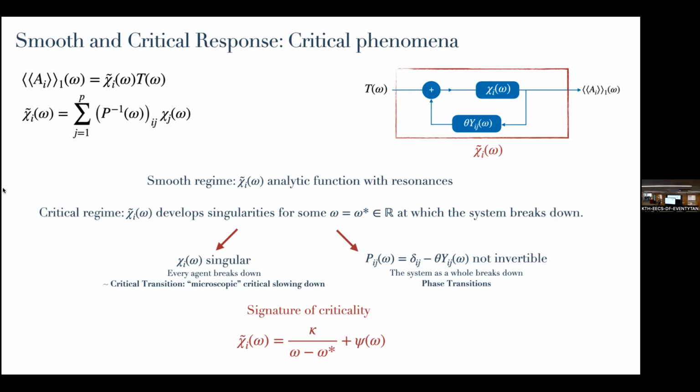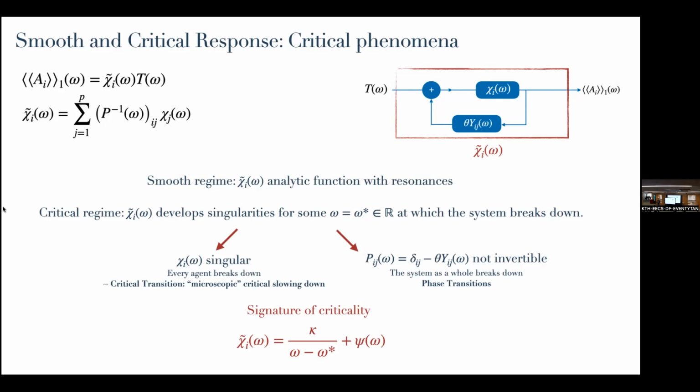And these are the ones that we're interested in. The critical regime, as we saw before, was characterized by singularities of the susceptibility function that were developing by the fact that eigenvalues were crossing the imaginary axis.